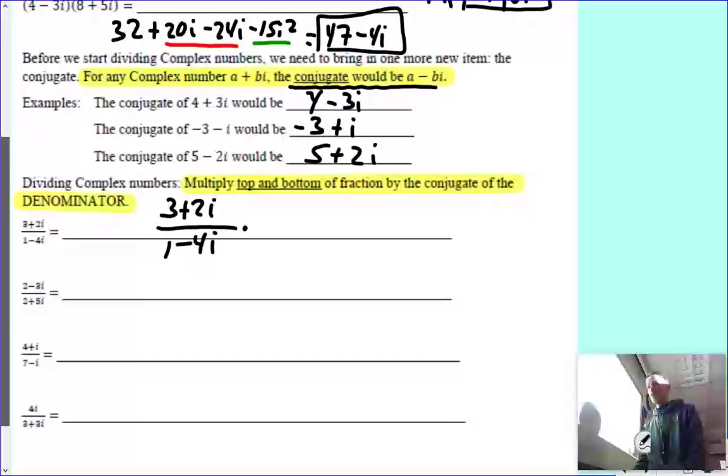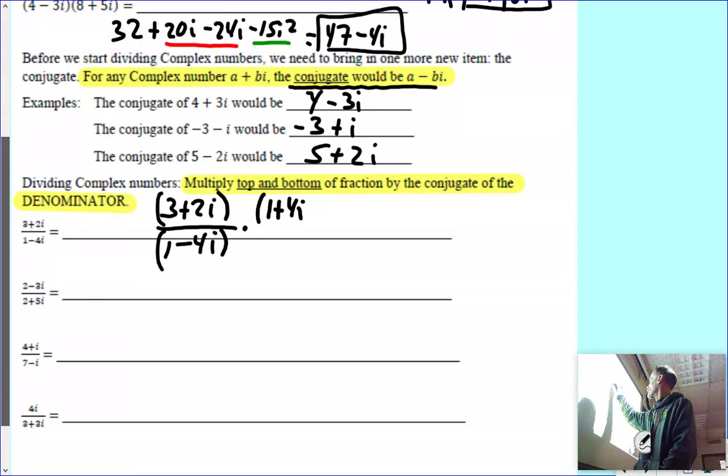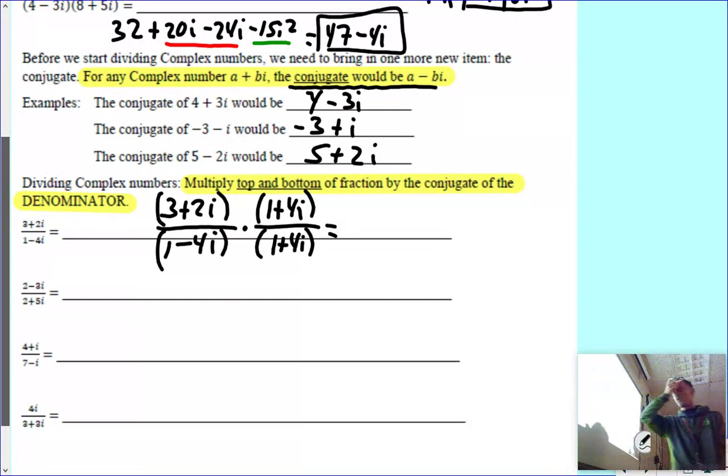To perform the division process, it is a multiplication question. So the conjugate of the bottom, 1 minus 4i, is 1 plus 4i. And you multiply that on the top and the bottom. And then, again, FOIL, box method, whatever you want. So I'm going to knock those out pretty quickly.